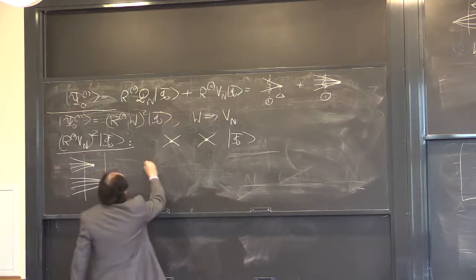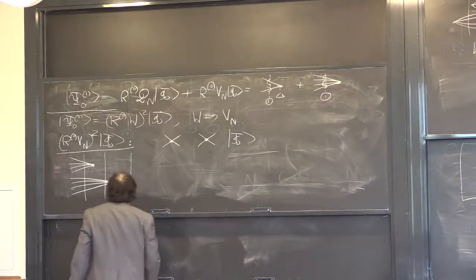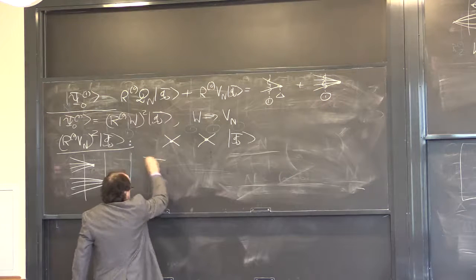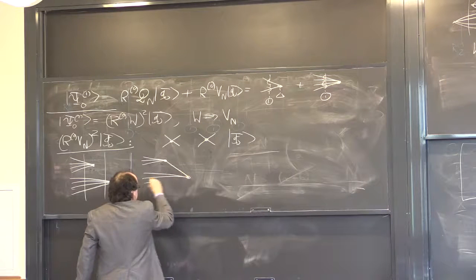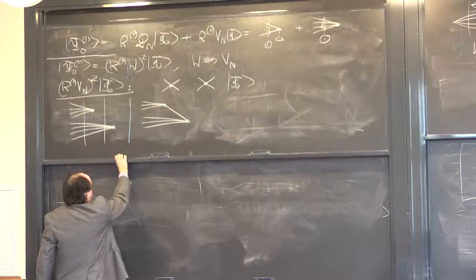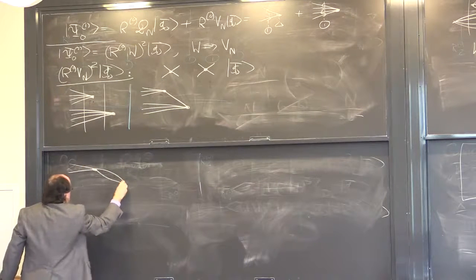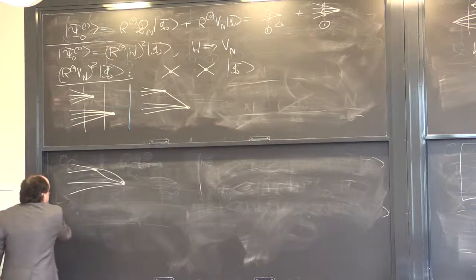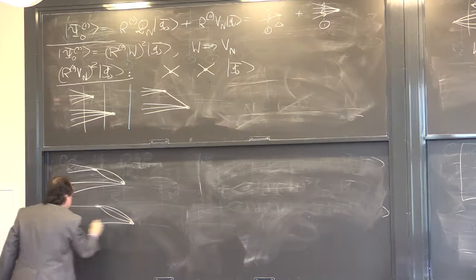Then we'll have diagrams where we start connecting them. So we can connect the 2 vertices with one line. Maybe I'll come back to this. Then we'll have a situation where we connect 2 vertices with 2 lines. Then we connect the 2 vertices with 3 lines.